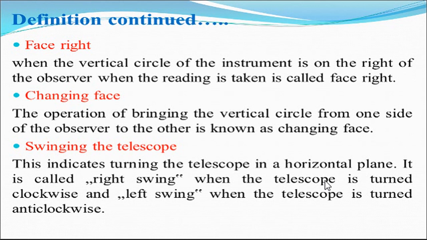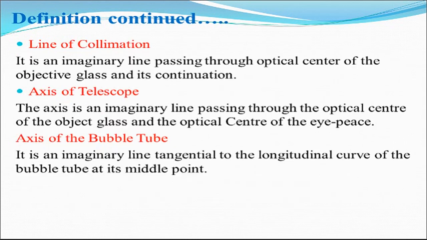There are two types. When you turn it in a clockwise direction, that is a right swing, and when you turn it in an anti-clockwise direction, that is known as a left swing. Clockwise turning of the instrument is right swing, and anti-clockwise turning of the instrument or telescope is left swing.